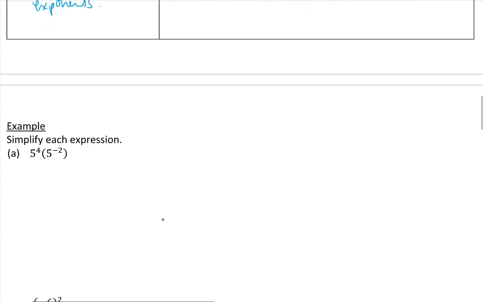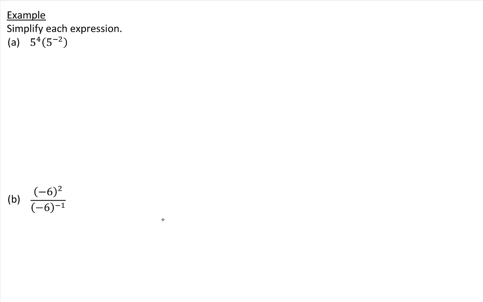So let's look at a few examples. We're going to simplify before we evaluate each expression. So first one, we have 5 raised to the exponent of 4 times 5 raised to the exponent of negative 2.